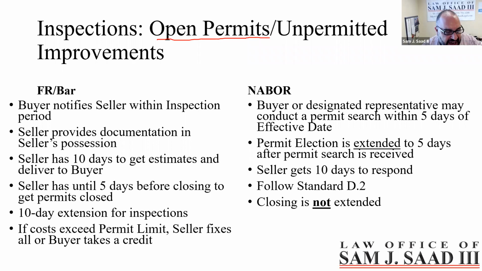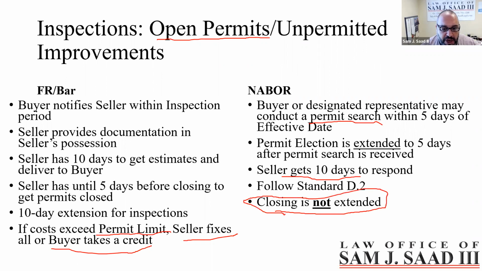And again, if the costs exceed the permit limit, the seller fixes all or the buyer gets a credit. Under NABOR, the buyer or the designated representative conducts a permit search, and you have up until 5 days prior to closing to get that done. Now, the seller does get 10 days to respond, but closing is not extended specifically for permit issues under NABOR. Questions about inspections or permitting? Okay.